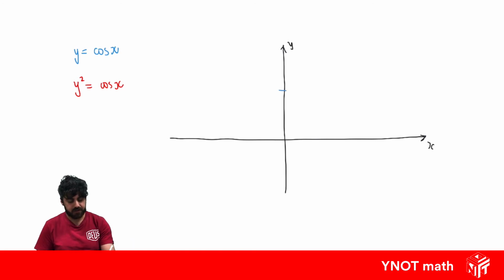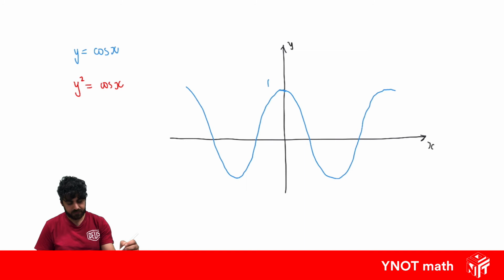So we know cos x starts up at 1 and is periodic and keeps going forever and ever. And we can show up to 2 pi and minus 2 pi.